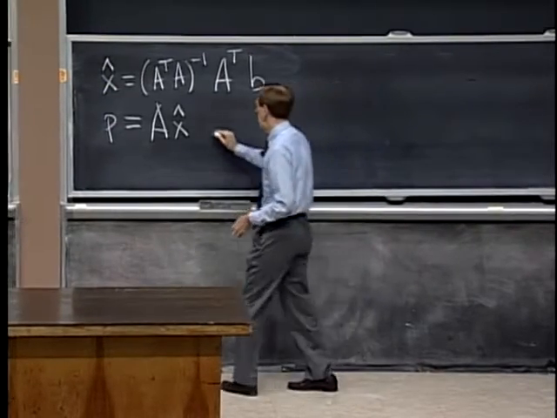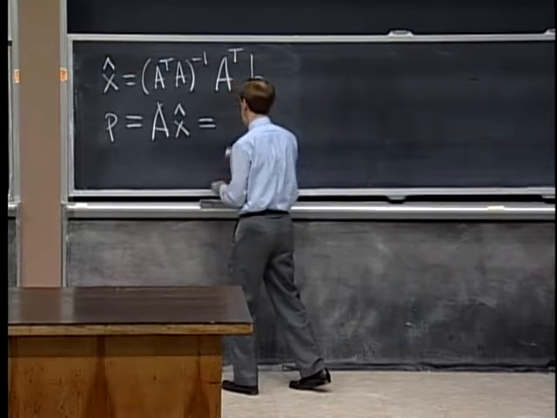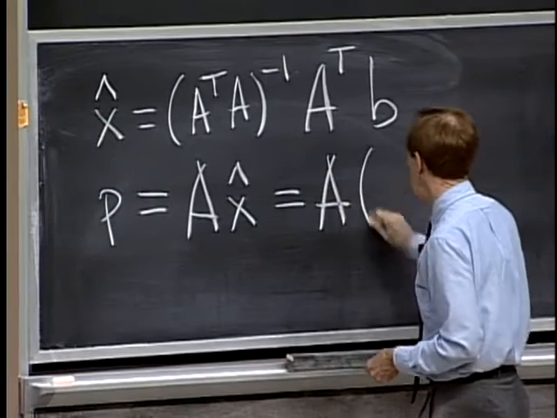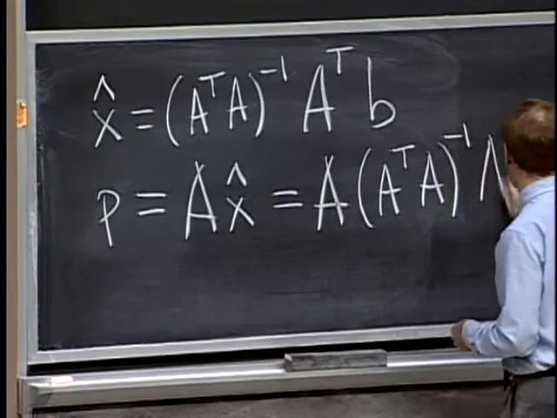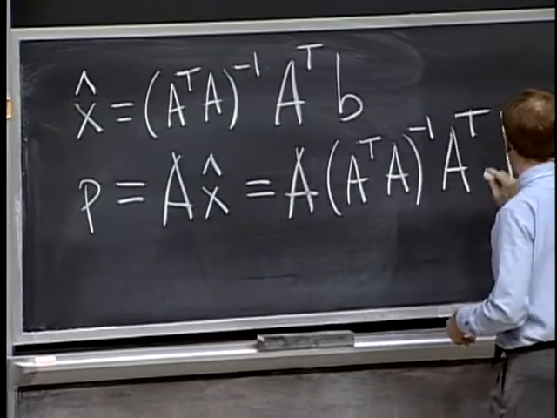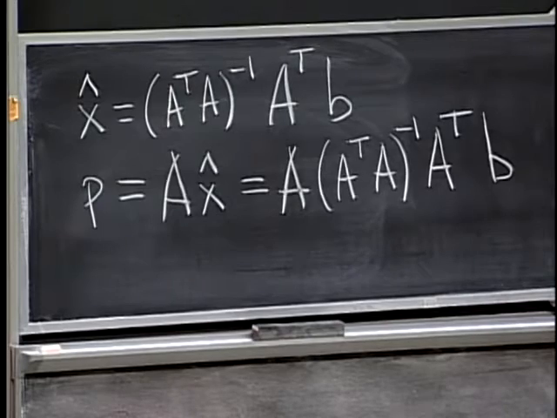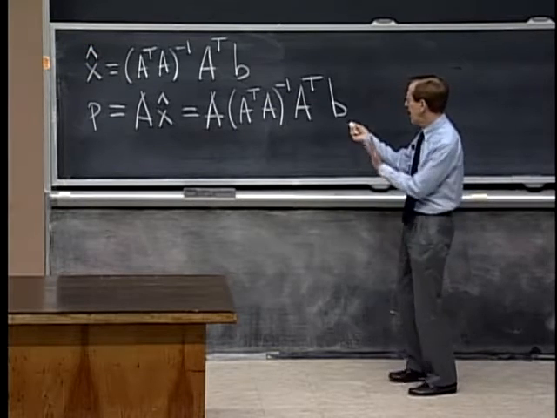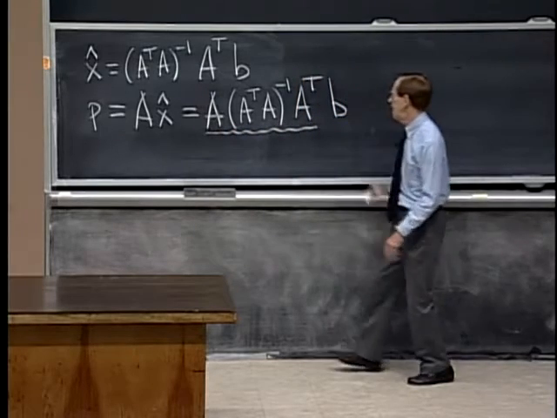So I just multiply by A: A (A transpose A) inverse A transpose B. That's looking a little messy, but it's not bad.